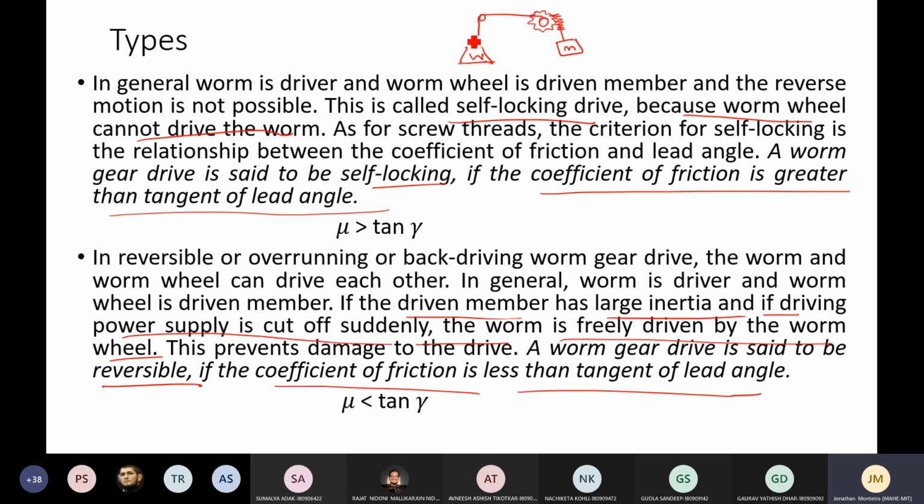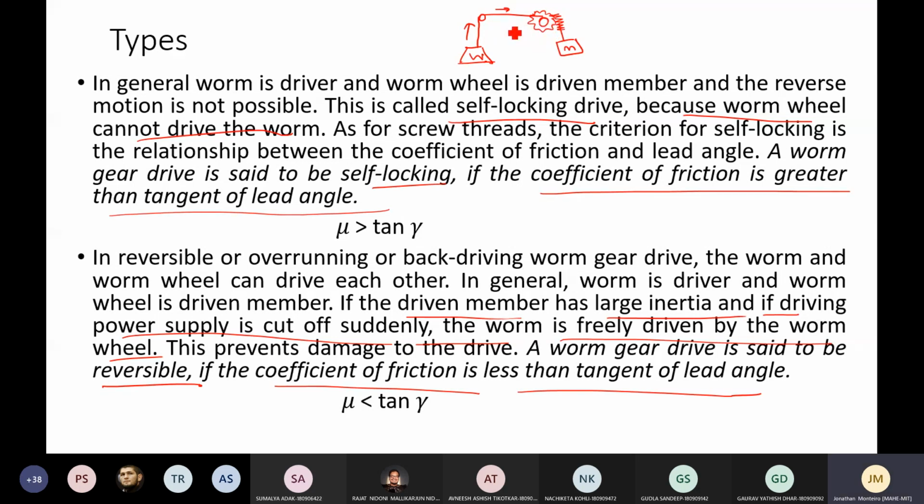What happens? This rotates, it is getting pulled up, and suddenly there is a power failure. Of course, in some applications you would like it to lock there itself, so it has come up from the ground some distance and gets locked there.